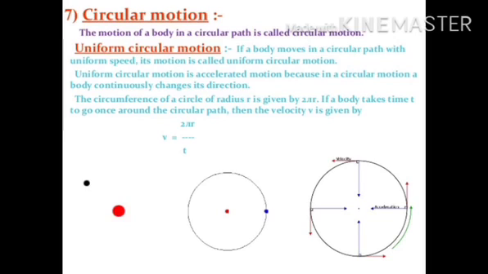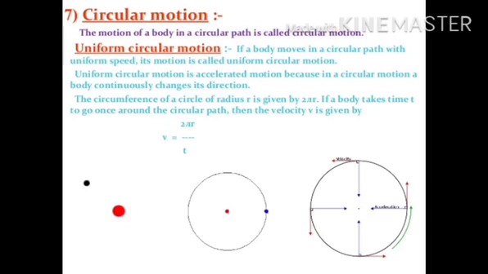The direction of the motion at any instant of time is along the tangent to the circular path at that instant. To understand this, let us consider the motion of a body along a closed path. This shows the path of an athlete along the rectangular track ABCD. The athlete changes the direction of motion at the four corners, that is A, B, C, D, of the rectangular track in every round.